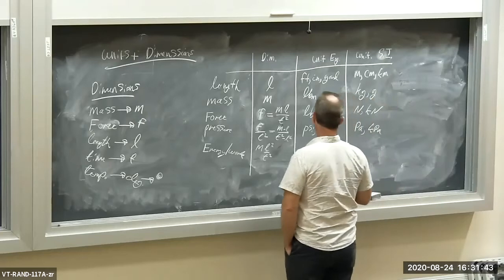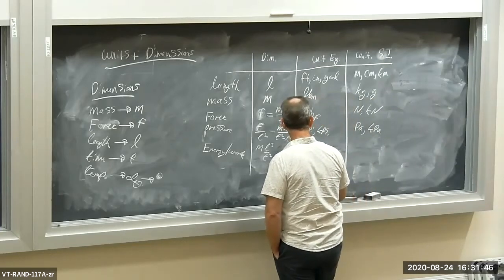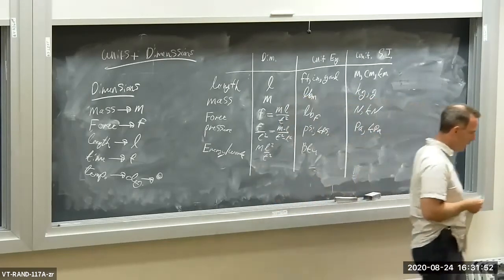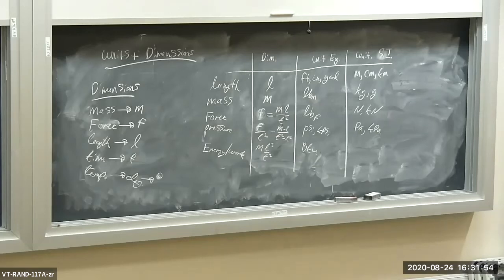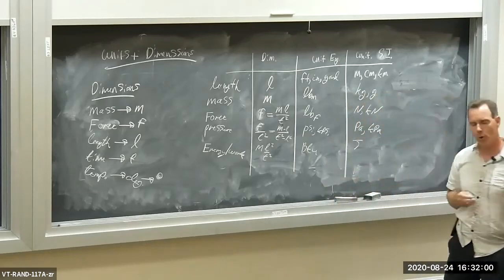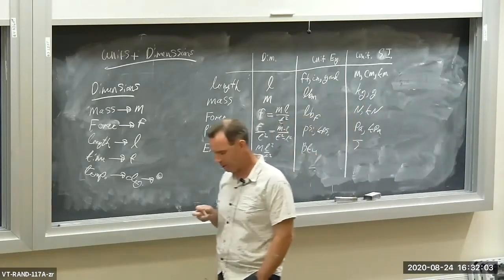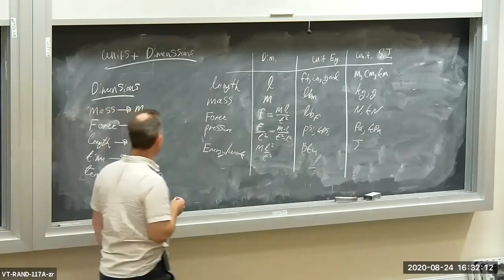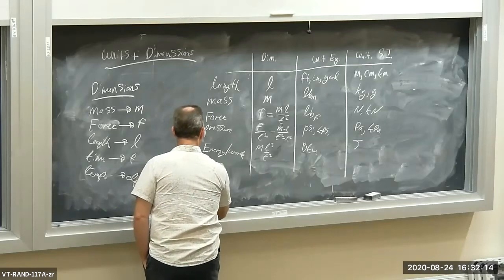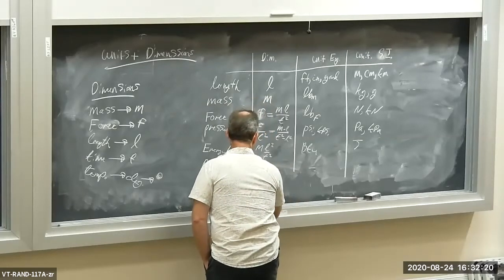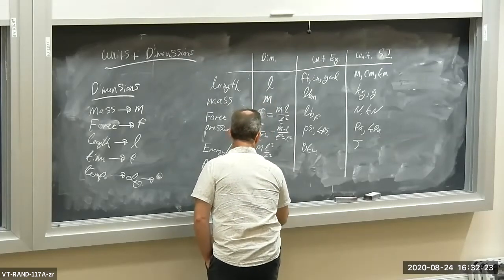The unit for that in English is often the BTU, British thermal unit. That's the big one. Okay? And of course, the one in SI is joules. J for joules or kilojoules, whatever. What about power? Power is energy per unit time. Power equals energy E per unit time.